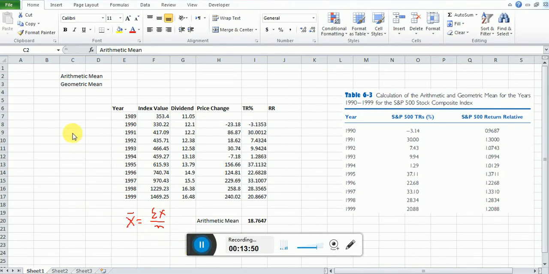For understanding this concept, you must know what is an arithmetic sequence and what is a geometric sequence. For example, let me explain it here. We have arithmetic mean and geometric mean. If you have $2, we have a value of 2 here, and I'm adding 3 to this 2, then this is equal to 5.